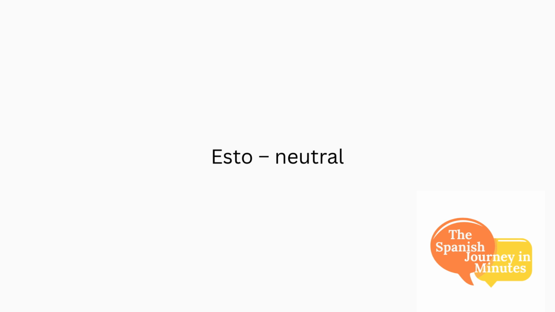And maybe you're wondering, okay, when can I use the neutral version? When can I use esto? Normally, you use it when you drop the noun. For example, you can say this car, but sometimes you just say this, right?